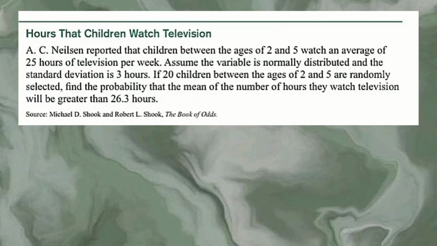A.C. Nielsen reported that children between the ages of 2 and 5 watch an average of 25 hours of television per week. Assume that the variable is normally distributed and the standard deviation is 3 hours. If 20 children between the ages of 2 and 5 are randomly selected, find the probability that the mean of the number of hours they watch television will be greater than 26.3 hours.